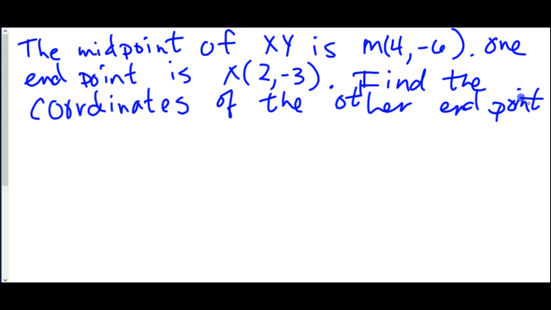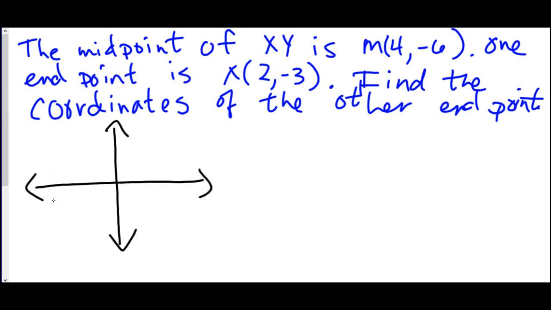So it helps me if I can visualize it. You don't necessarily have to graph these points, but for me, that helps me see the bigger picture. So first we have the midpoint, which was 4, negative 6.